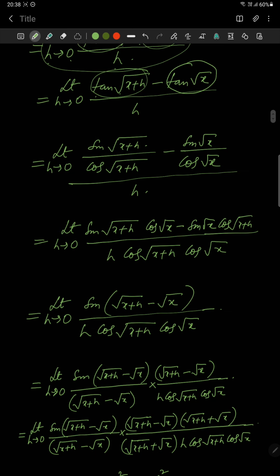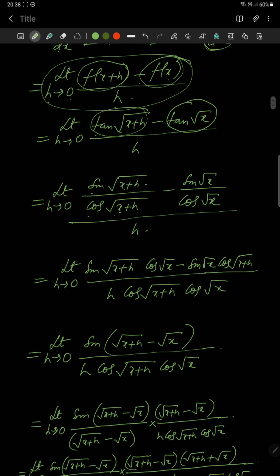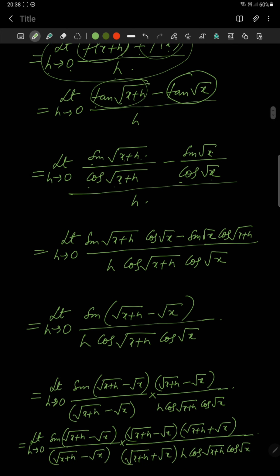Now this tan root over x plus h is written as sine root over x plus h by cos root over x plus h, minus tan root x, which is written as sine root x divided by cos root x. Then simply we have taken the LCM of the denominators, that is cos root over x plus h into cos root x, which is what is written over here.